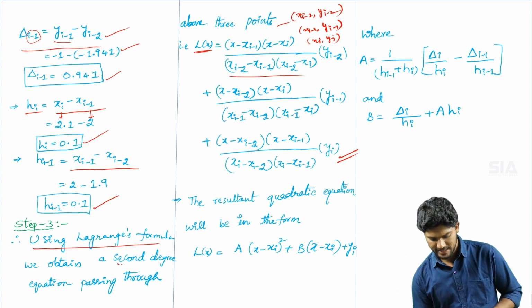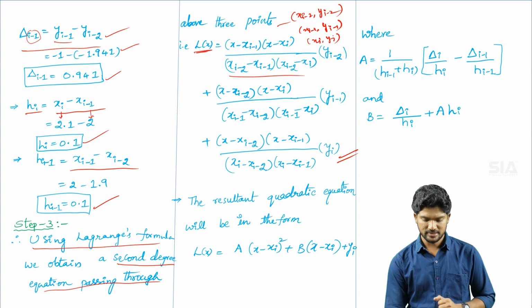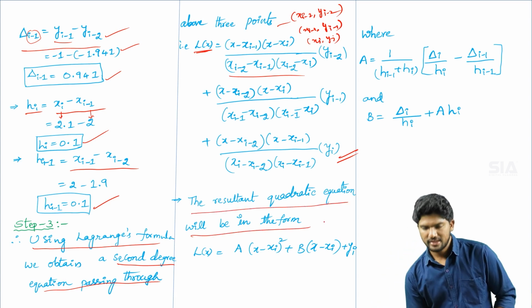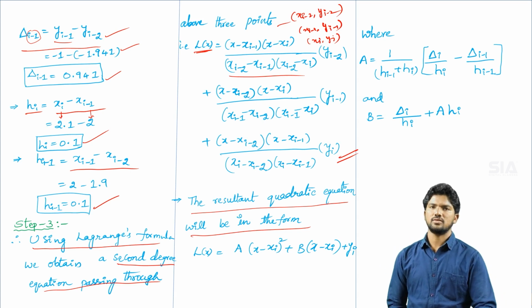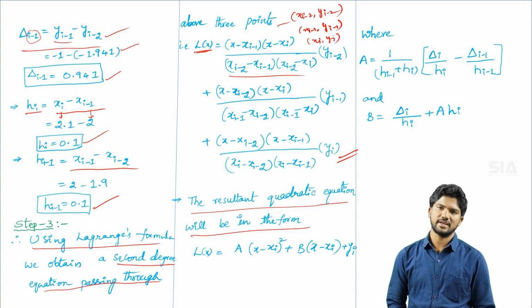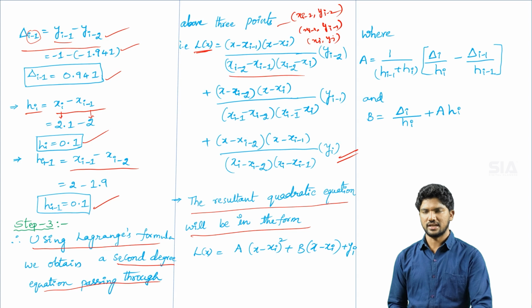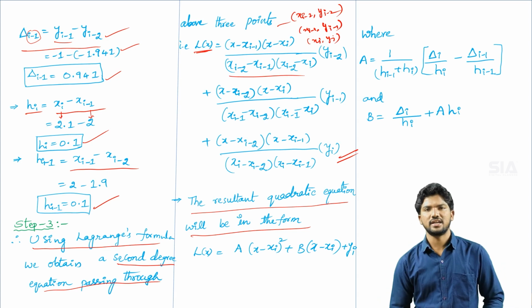So clearly you can see here the second degree equation passing through the above points. If you substitute the x suffix i value, y suffix i value, x suffix i minus 1 value, y suffix i minus 1 value, and all those values in that equation and simplify, you will get the resultant quadratic equation.